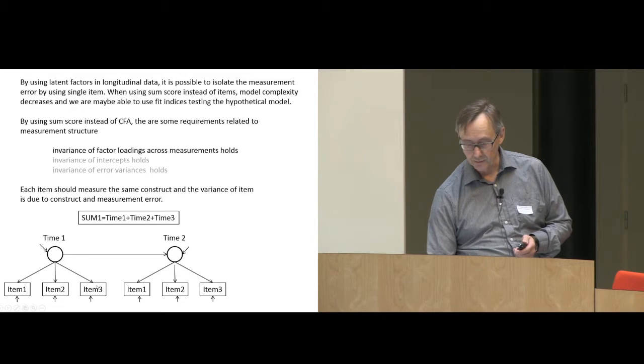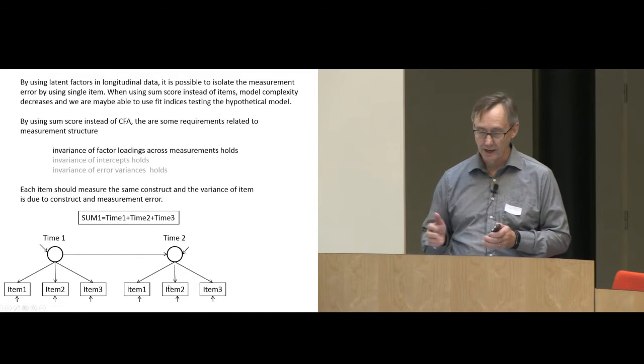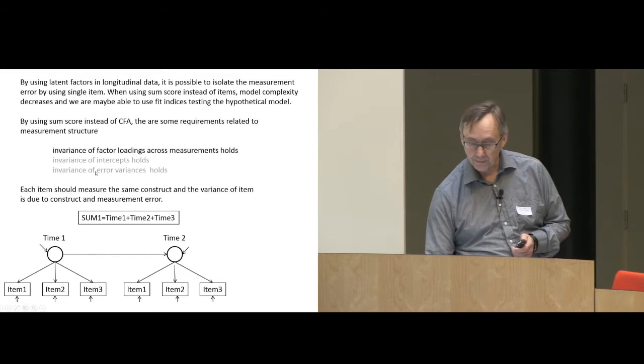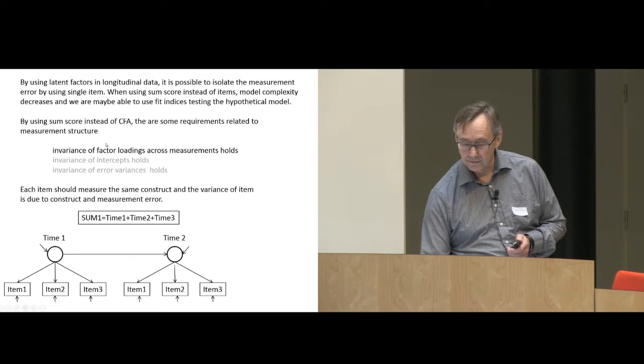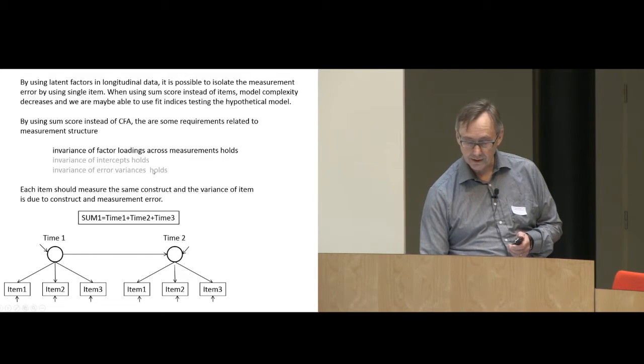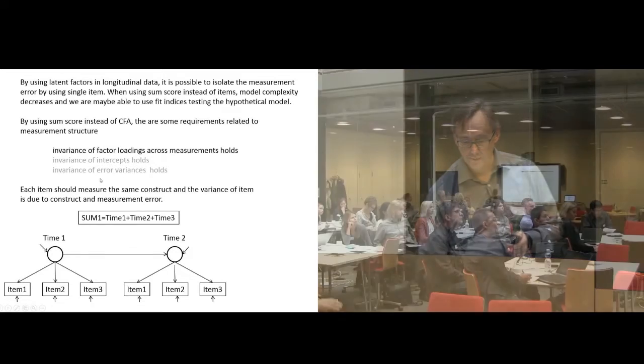That means that you measure the same thing at time 1 and time 2. But I think if you have process data, this invariance holds. When you are interested in the mean value, the invariance of intercepts must also hold, and you can also test the error variances.